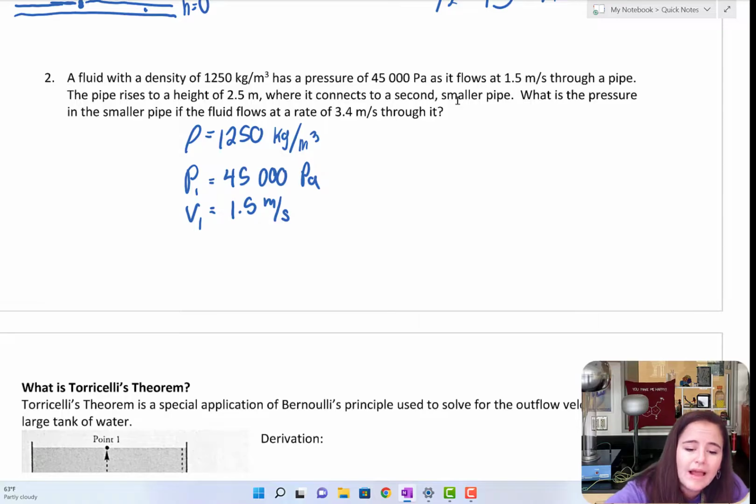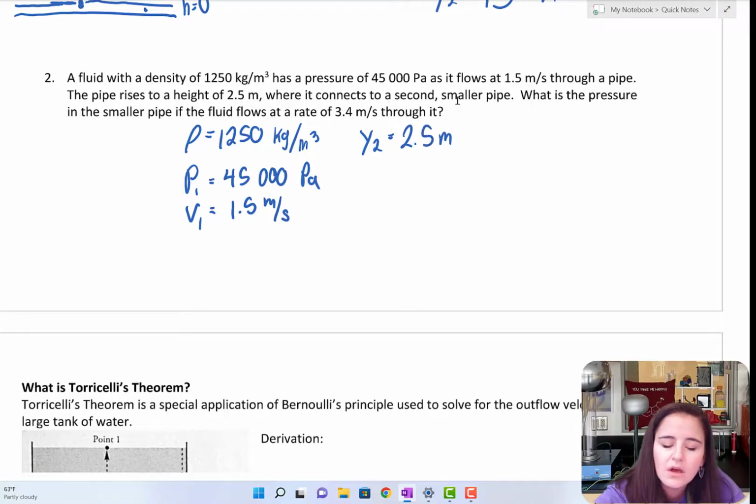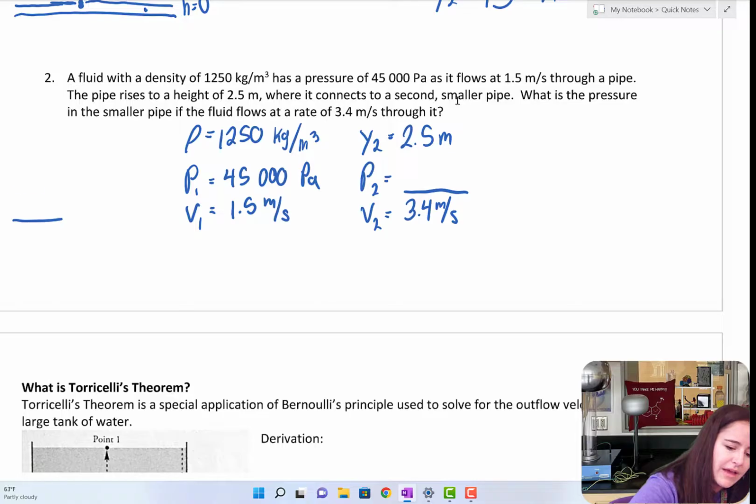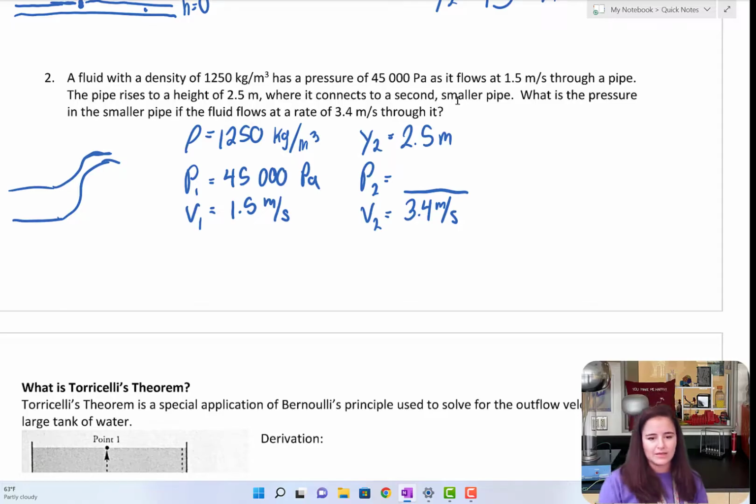The pipe then rises to a height of 2.5 meters. Okay, so y2 is 2.5 meters, where it connects to a second smaller pipe. What is the pressure in the smaller pipe if the fluid flows at a rate of 3.4 meters per second through it? So we have a bigger pipe, and it's going to a smaller pipe as it goes up.